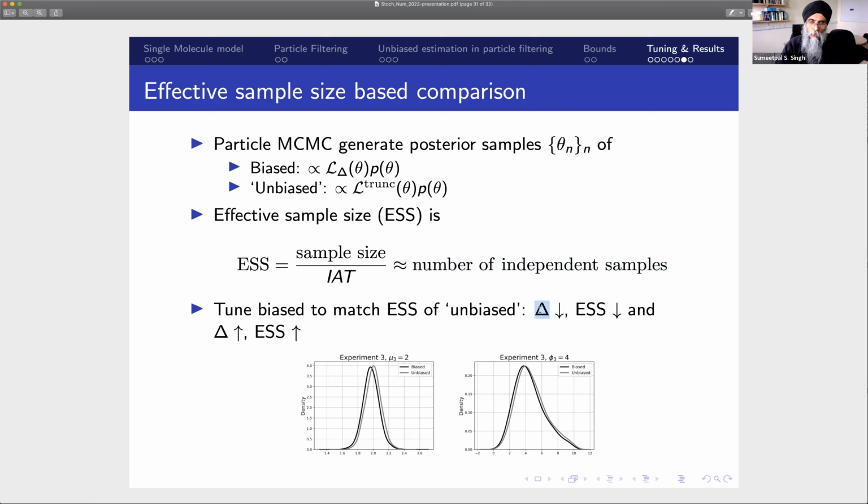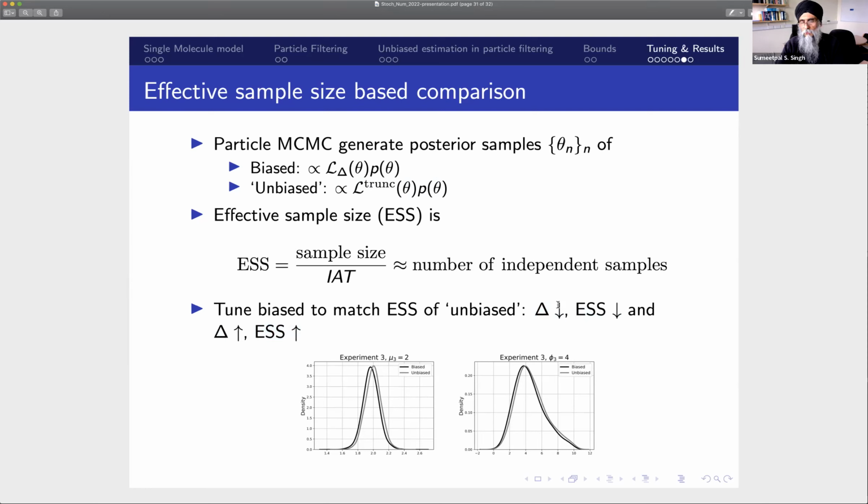We need to tune the biased algorithm so that we can shrink delta to the extent that the ESS will match our algorithm, so it's a fair comparison. If delta is too big, there'll be too much bias, but the effective sample size will go up. If we shrink delta, the bias will decrease, but the effective sample size will decrease.